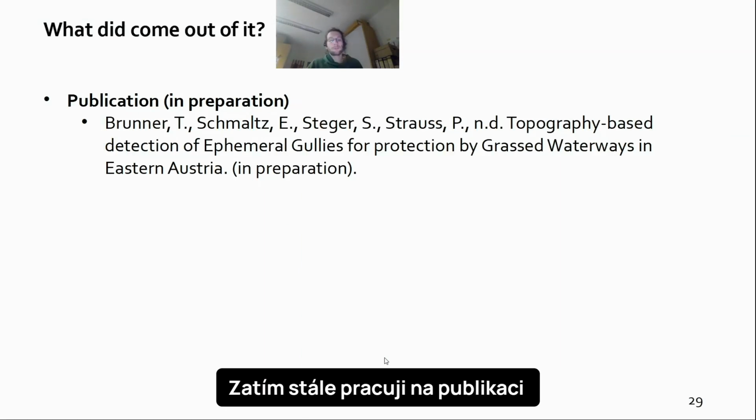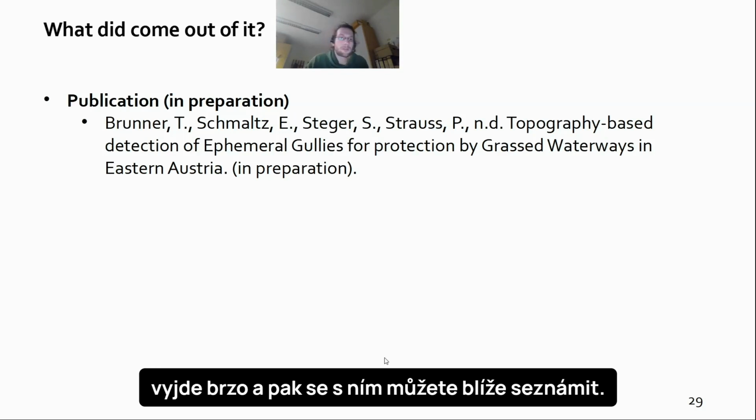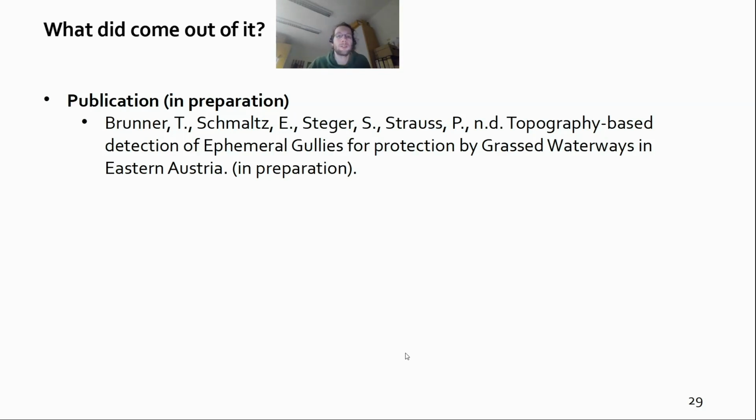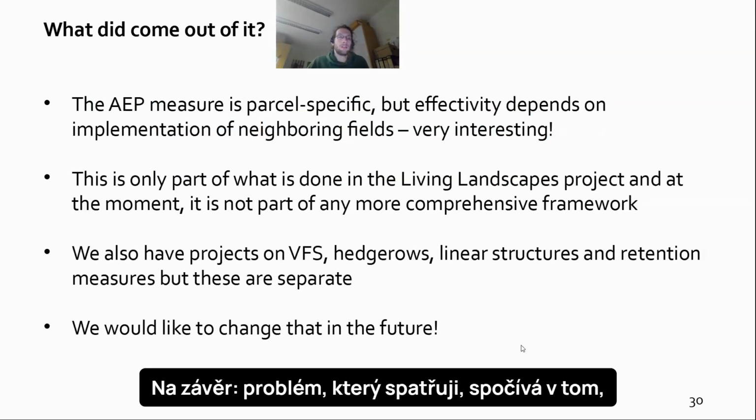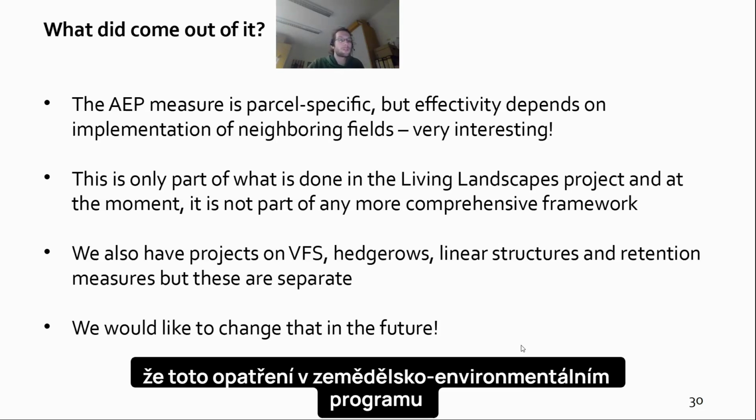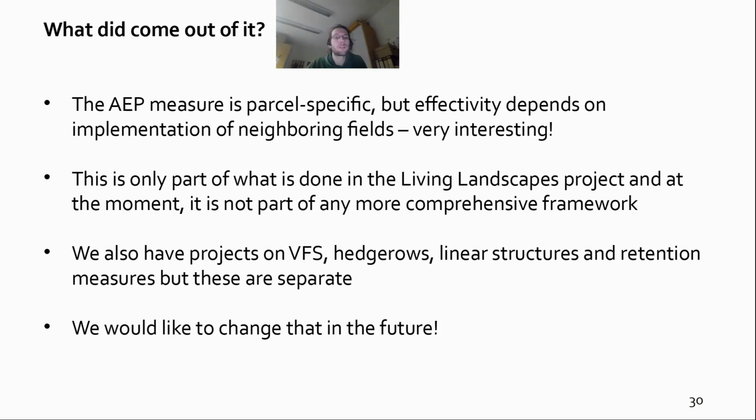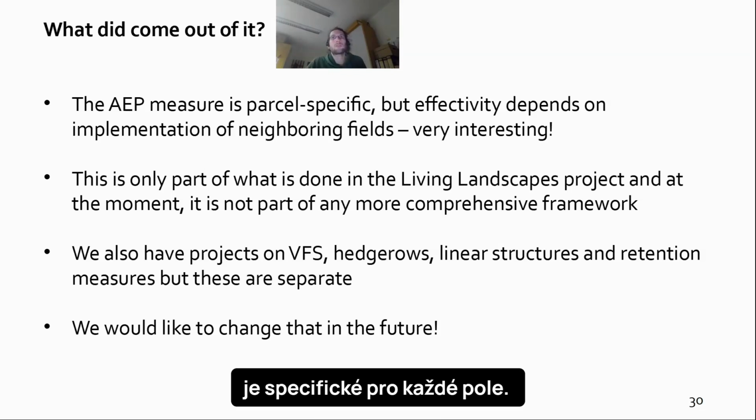Okay, yeah, I'm still working to put all this into a publication. It will come out soon, so you can keep an eye out for it. And to conclude all of this, one problem that I see is that this measure in the agri-environmental program in Austria is of course specific for each field.